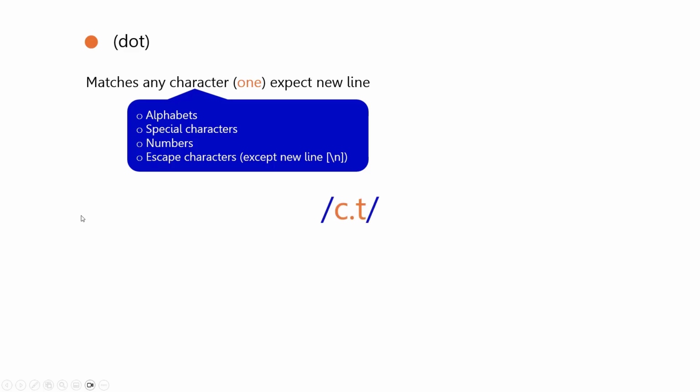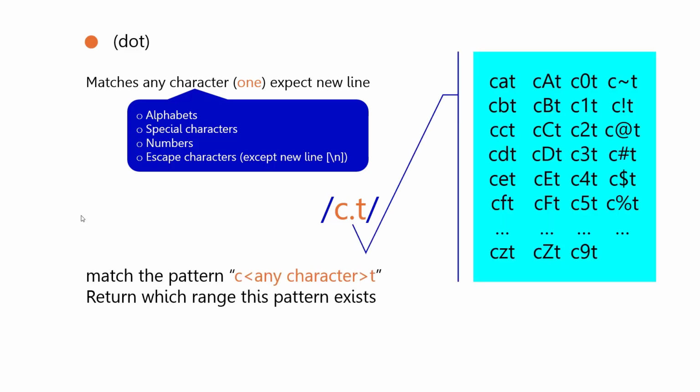So let me consider here a pattern which is C followed by T. Essentially, it will try to match any character between C and T. I'm telling you it could be any character, which means here I've given you all the probable cases: CAT, CBT, CCT, CDT, and so on, even for capital letters, numbers or special characters, whatever is there between C and T. Since I have used only one dot, one single dot means one character.